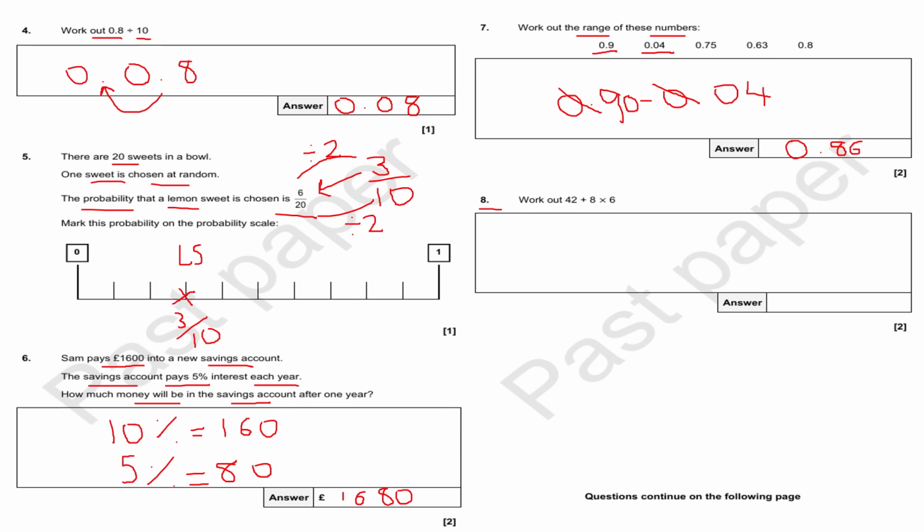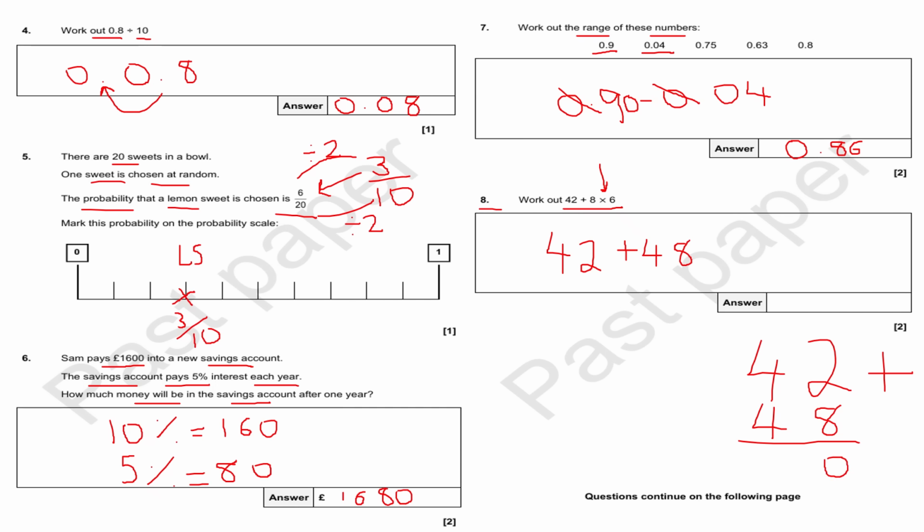Question 8. Work out 42 plus 8 times 6. Here I'm going to use BIDMAS. So I'm going to do 8 times 6 first, which is 48. 42 plus 48. Let's do our column addition. 2 plus 8 is 10, so 0, carry that extra 1. 4 plus 4 is 8, plus that 1 makes 9, so the answer is 90.